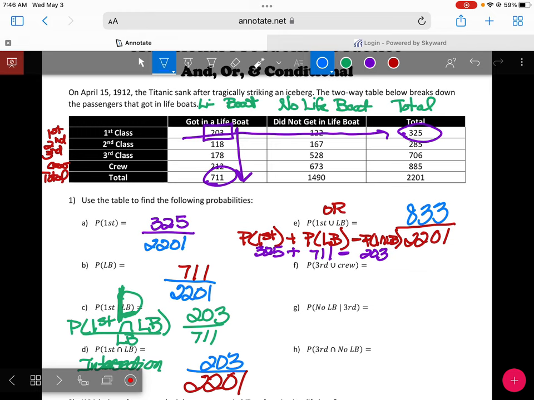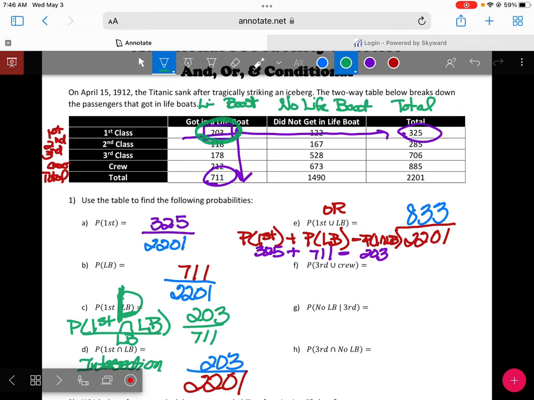So we add those together, but if you look right here where they intersect, I have counted those that were in first class and in a lifeboat twice because they were in both groups, right? So I need to subtract that number of people that were in both groups. So yeah, subtract.